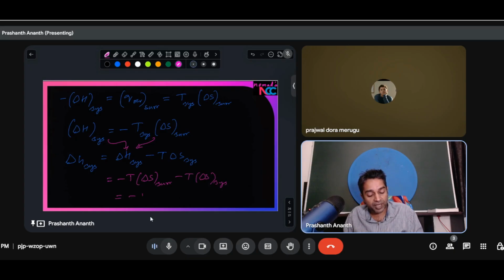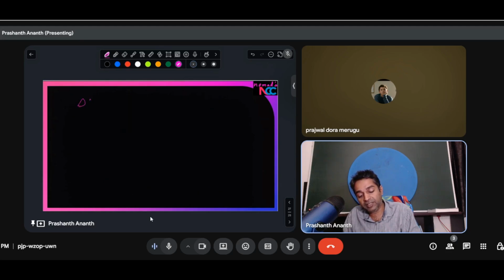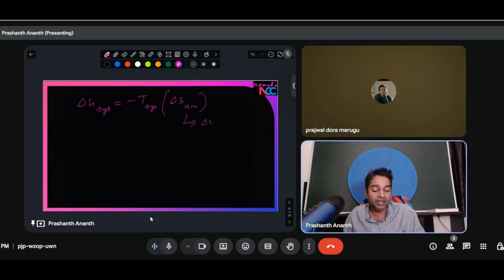This means I can write minus temperature into the sum of delta S surroundings plus delta S of system. So what do I finally end up getting mathematically speaking? We get delta G of system is equal to minus of temperature of system into delta S of universe, where delta S of universe can be written as delta S of system plus delta S of surroundings. Meaning, what does my actual condition come out as?